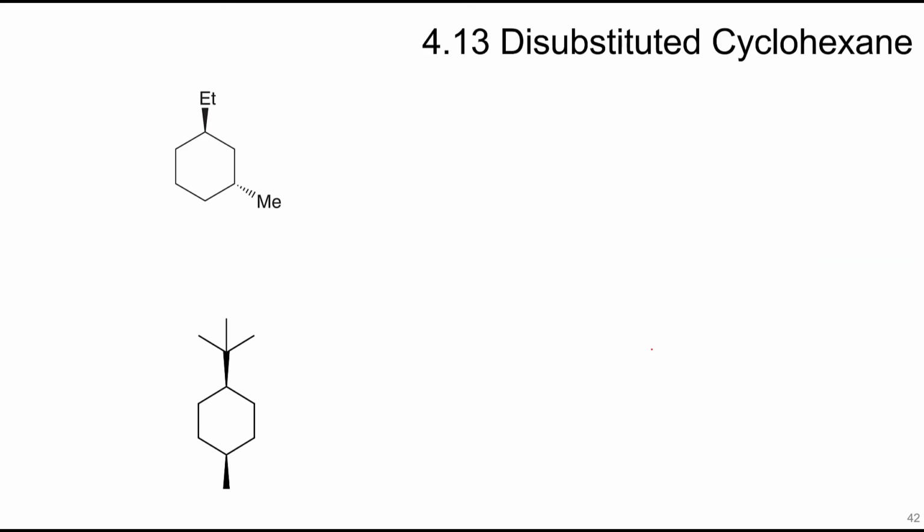Practice drawing these chairs again. So I'm going to start with my parallel lines. At 1, this is up, this is down. My corner is up here, so this is going to be axial ethyl group. And then at 3, I have a down.